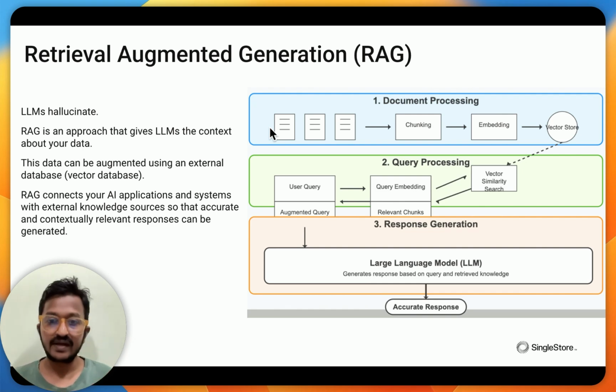Then comes the query processing, where the user query comes in, and even the query gets converted into a vector embedding, and then it goes through the vector store through vector similarity search to find the relevant chunk. Now you have the augmented query with the relevant chunk. It goes at the end to an LLM, a large language model, to generate a proper, contextually relevant and accurate answer back to the user. So this is the whole RAG pipeline setup.